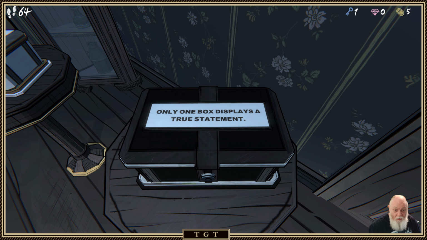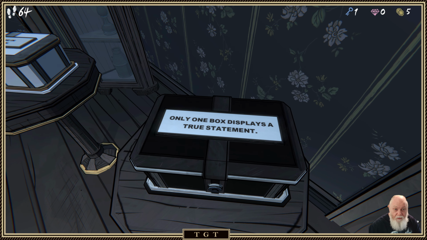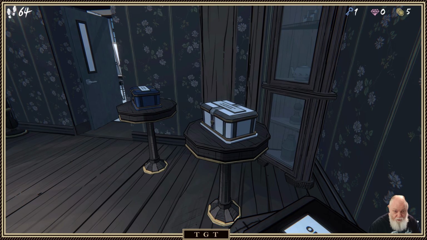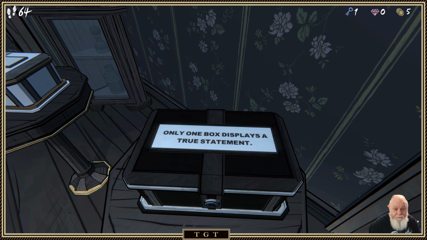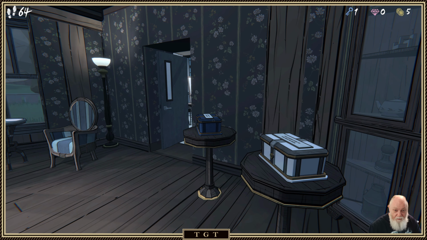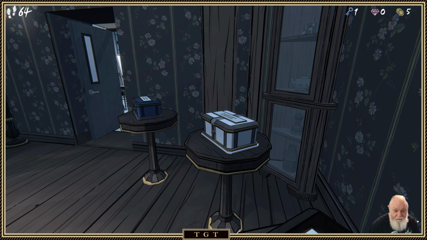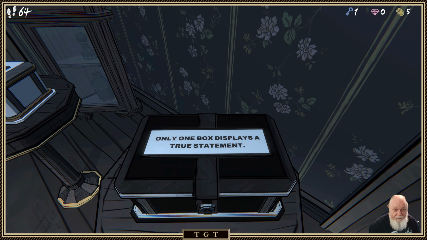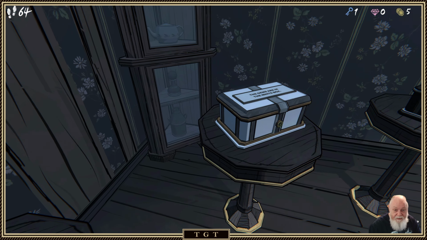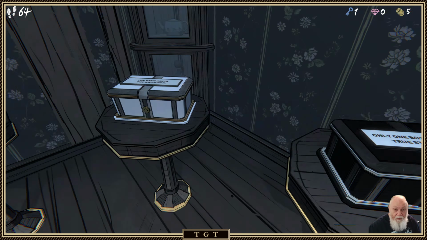Well, if this is true, then neither of those boxes could be true. If this is false, then two boxes have to be true, but we just said that one of these is false and the other one is true. So that can't be correct either. So it can't be the case that one of these is false and the other one is true. And it obviously can't be the case that they're both true because they're contradictory. So they must therefore both be false.